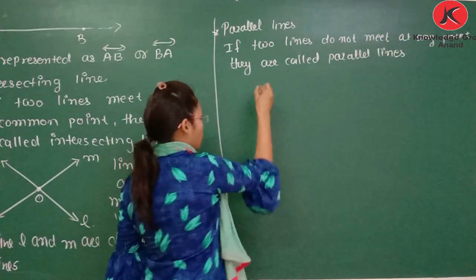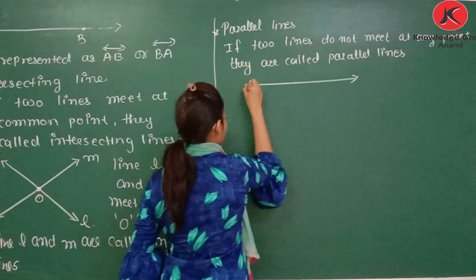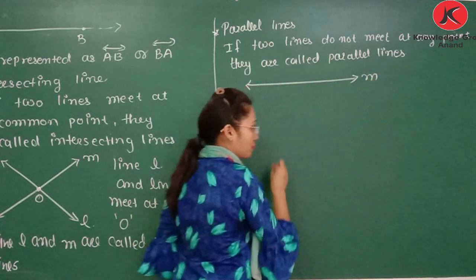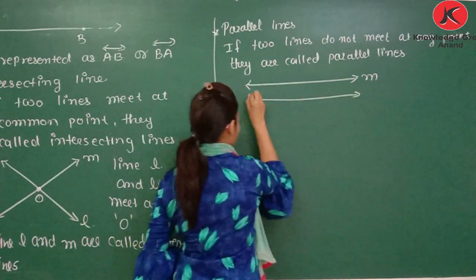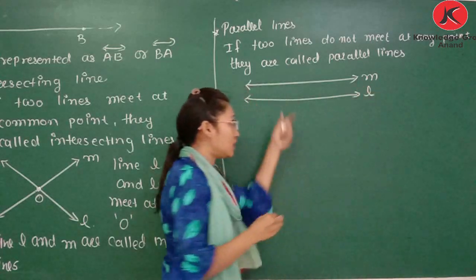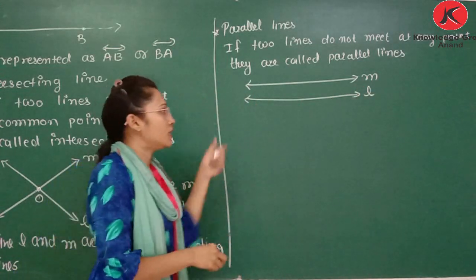Okay, so we can draw parallel lines like this. Line M and line L. These two lines do not meet at any point.